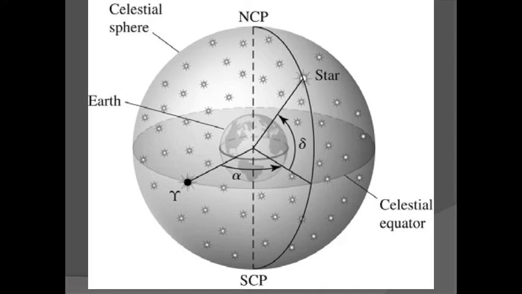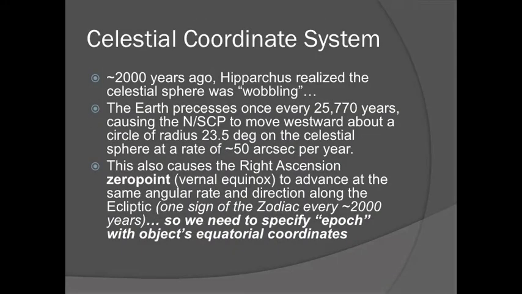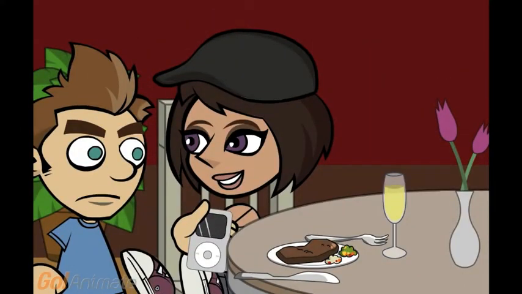This slide also shows the vernal equinox and the celestial equator. This slide has a few important points about the celestial coordinate system. So that basically covers chapter 1.